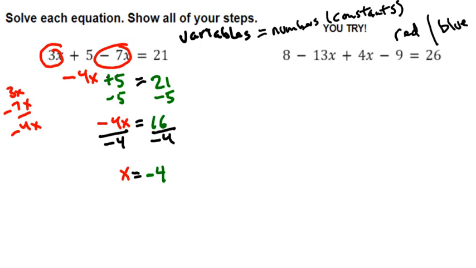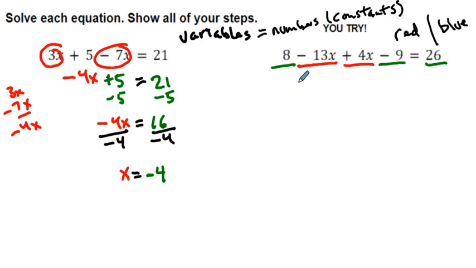Okay, now when you have a problem like this over here, we've got all kinds of stuff going on. We've got a number here, a number here, and a number here, and then we look at our variables. We've got a variable there and a variable here. You'll notice that when I underline these, I'm including the sign to the left of them, and you always have to do that.